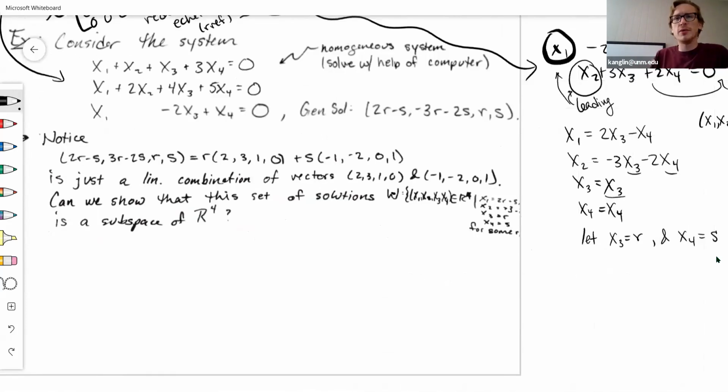Let me fix this up. Let's make this visible.